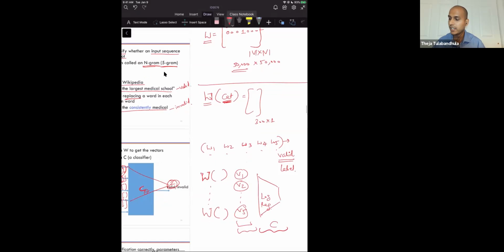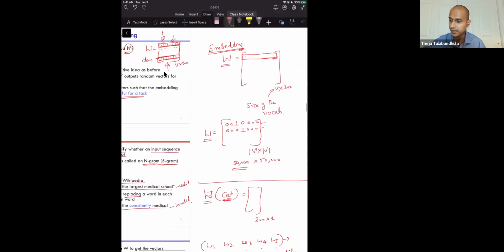And we were saying, why did we create this auxiliary task? It was to hope that maybe we can learn W when we are trying to improve our classification performance. Of course, the classifier itself will have parameters, let's say theta. W itself has a bunch of parameters, because for the W matrix, we want to learn the entries.